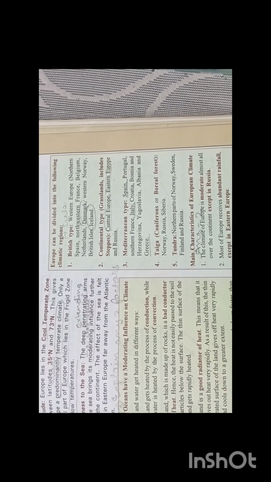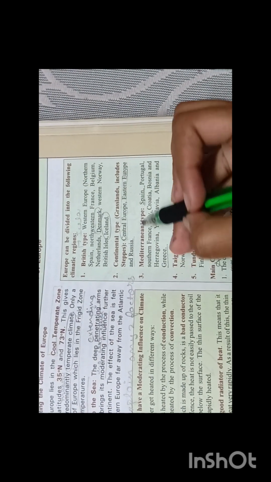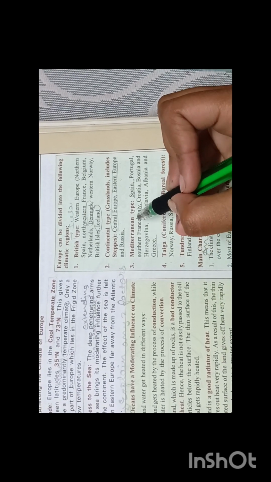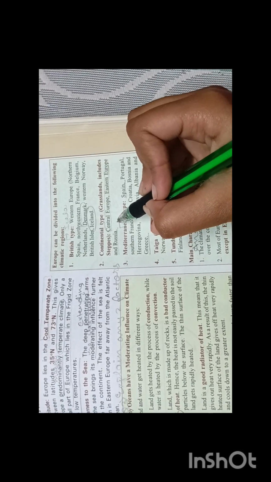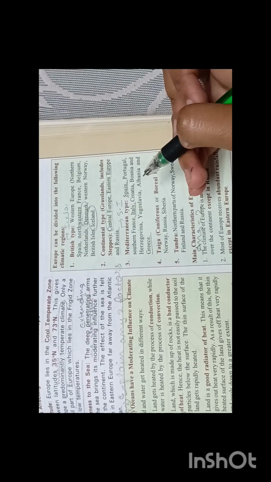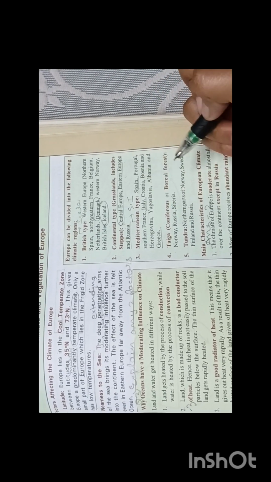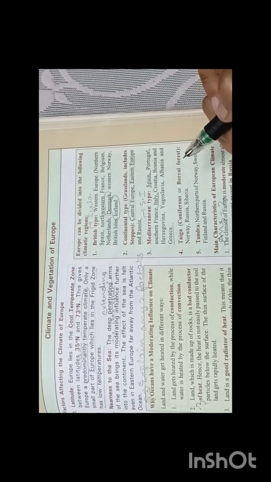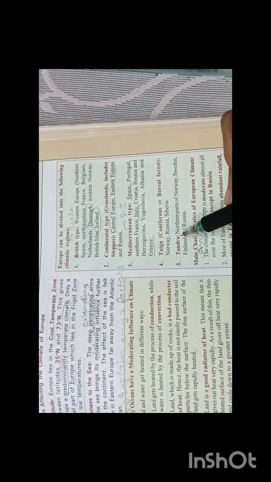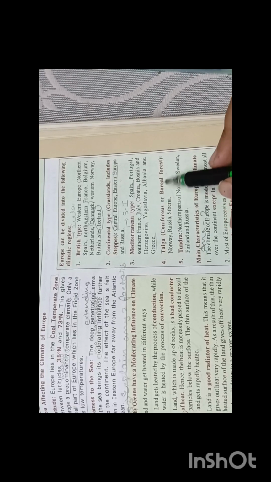Okay, then if you want any shortcut for Mediterranean type, remember SI. SI unit of this, SI unit of that we learn, right? Remember SI: Spain, Italy. Got it? Then we have taiga, coniferous or boreal forest. Now taiga is a coniferous or boreal forest.